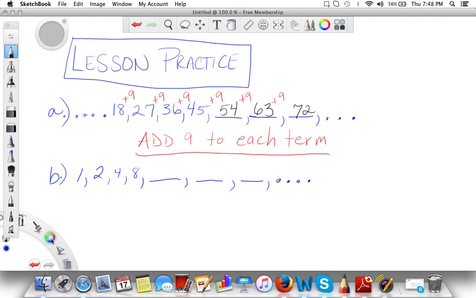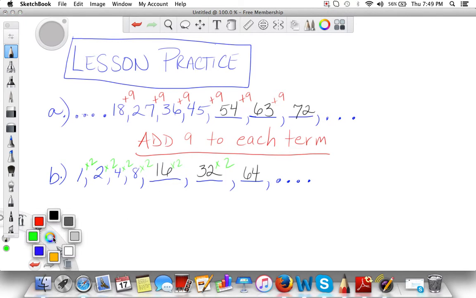So I'm noticing that to go from 1 to 2, I can multiply by 2. 1 times 2 gives me 2. 2 times 2 gives you 4. 4 times 2 gives you 8. 8 times 2 is going to give us 16. And 16 times 2 is going to give you 32. 32 times 2 is going to give you 64. Okay? Times 2, times 2.